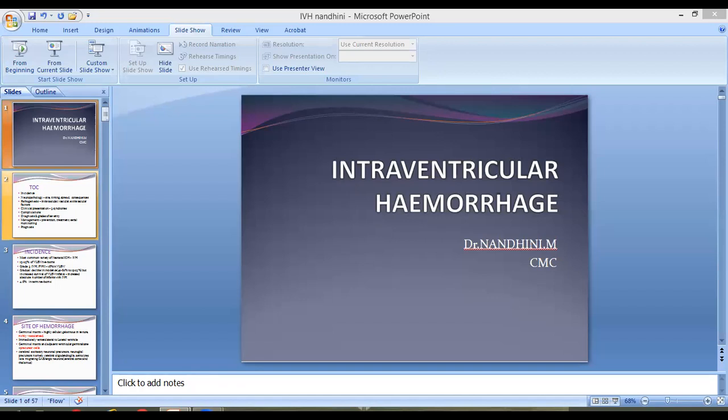Tocolysis has also been studied in the EPIPAGE study, with significantly lower incidence of severe grades of IVH, grade 3 and grade 4, in infants with tocolytic exposure, with a relative risk ratio of 0.78 and confidence interval of 0.60 to 0.98.